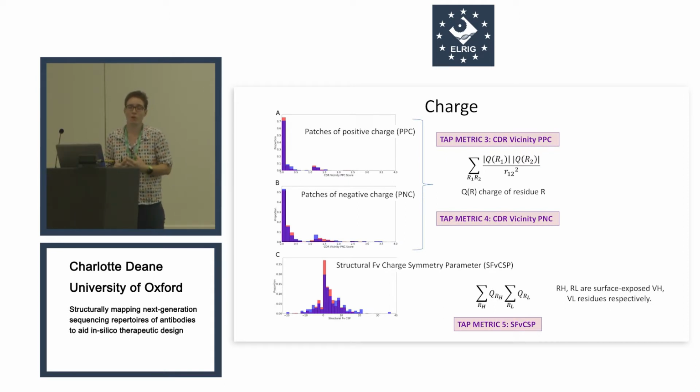This is based on a measure that was actually invented in Ken Dill's lab, where they looked at the charge on the sequences of the VH and the VL and said, actually, there should be some kind of symmetry in this. So if one's very negatively charged, the other one should be very positively charged. And if you have too much imbalance, this will be bad. We've tried to take that one stage further with, rather than just thinking about the sequences, thinking about the structures, because it's only those residues that are surface exposed that matter in terms of this.